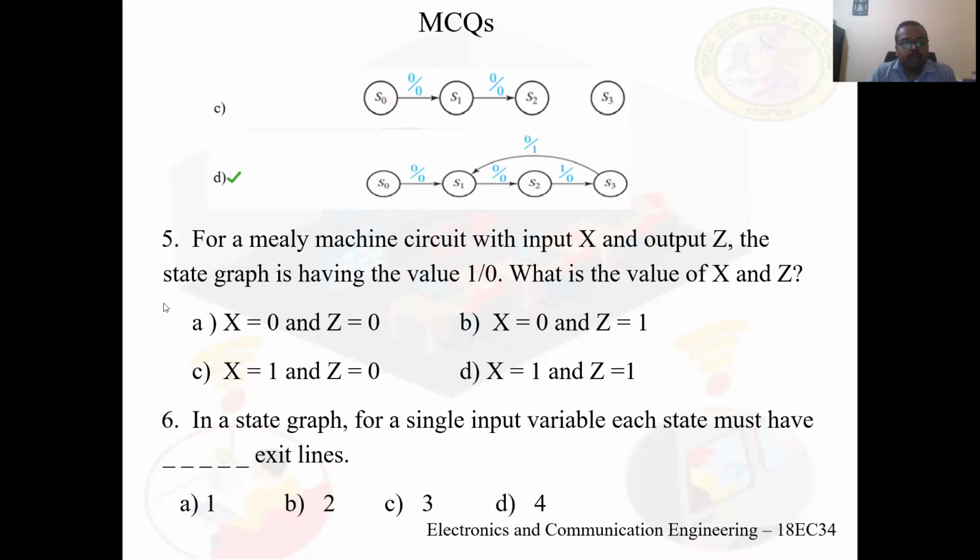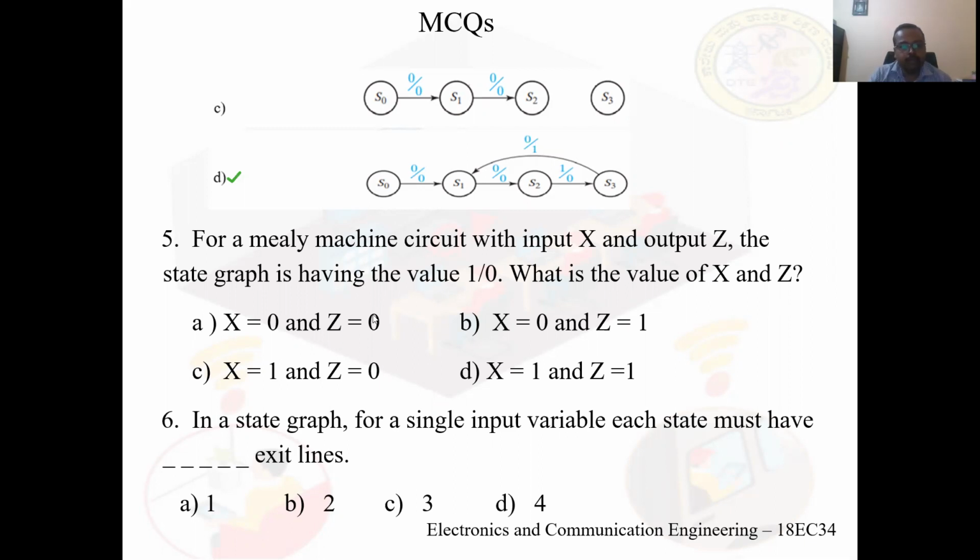Now we'll see question number 5. For a Mealy machine circuit with input X and output Z, the state graph has the value 1/0. What is the value of X and Z? We already looked at the Mealy model for the input sequence 101, how the transition happens and where the input and output values are given.